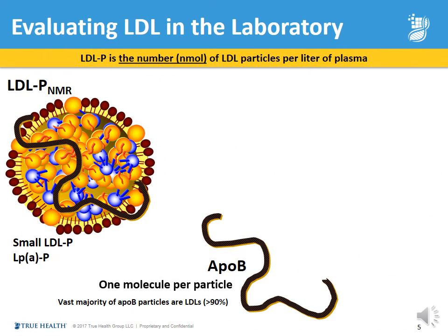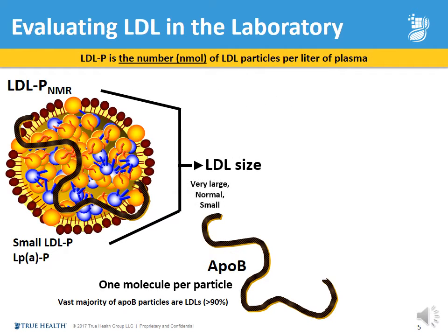Back to our graphic. So you can do LDL particle counts using nuclear magnetic resonance. And of course, that includes small LDL particles and Lp(a) particles if there are any present. One can measure ApoB, but one can seek a measurement of LDL size, which can vary from very large to normal size to very small.